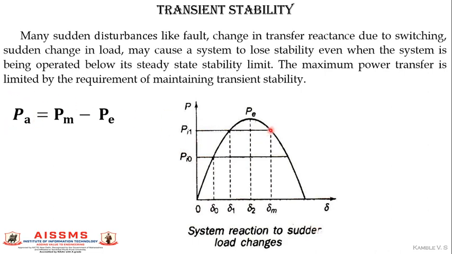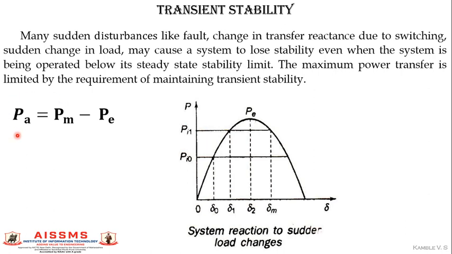PA having a positive value means the rotor should accelerate, and whenever the rotor accelerates, there will be an increase in the delta angle. So after this point, the system will become unstable, or it will lose synchronism, because electrical power goes on decreasing, mechanical power is the same, but PA will have a positive value.